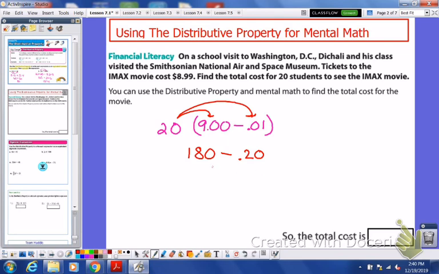So now if I take 20 cents away from $180, that leaves us with $179.80, which if we double check, we are correct, $179.80. So there's a way that you could use your mental math with your distribution to do something where, again, $8.99 is not exactly something easy to calculate in your mind, but $9 is easy to calculate, and then just subtract.